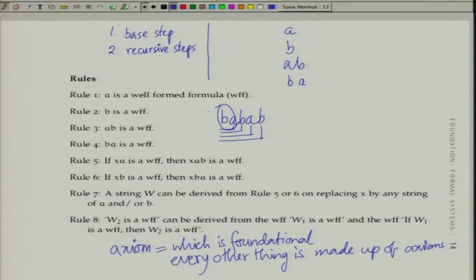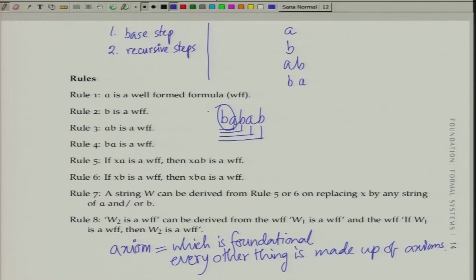Anything could replace this, but our purpose will not be served if we just replace X by anything, because we need BAB, right. So, what I do is I replace X in rule 5 by B. What I get?